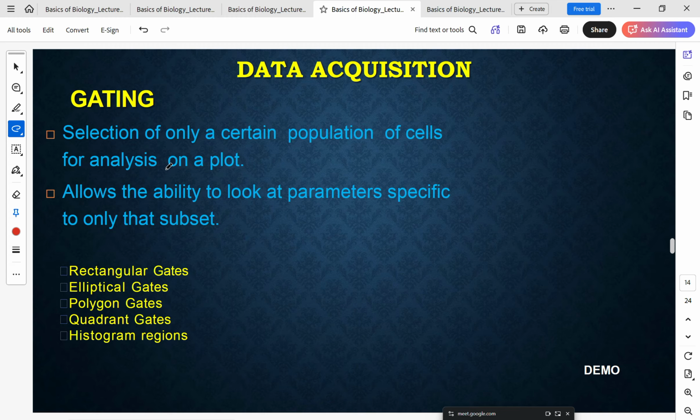What this does is select only a certain population of cells for analysis or for collection. Usually the gating is done using an untreated sample, and then you see how the treatment changes the population dynamics. The gating can be rectangular, elliptical, polygonal, quadrant, anything. This depends on what population of cells you want to focus on.